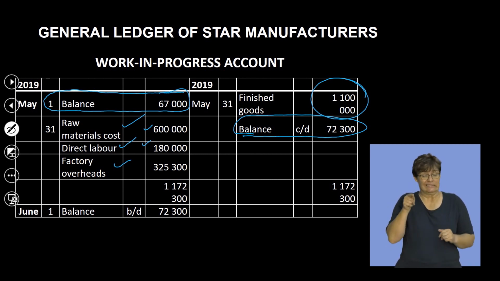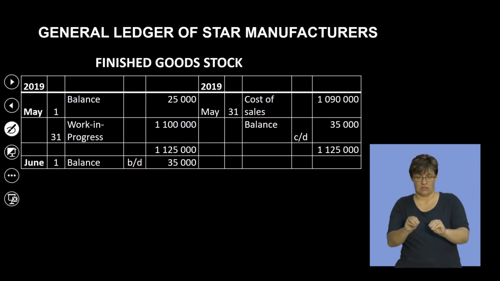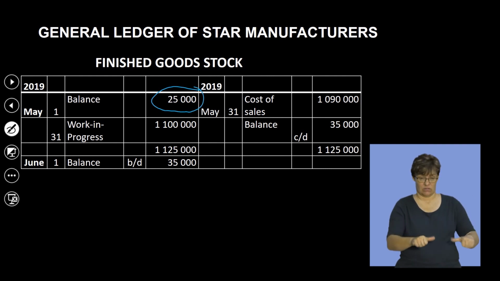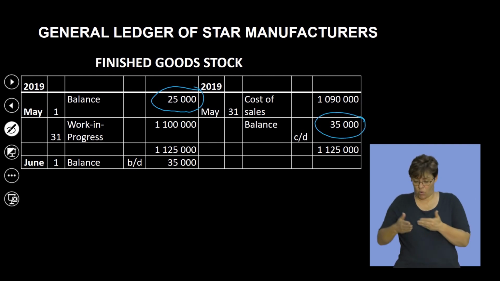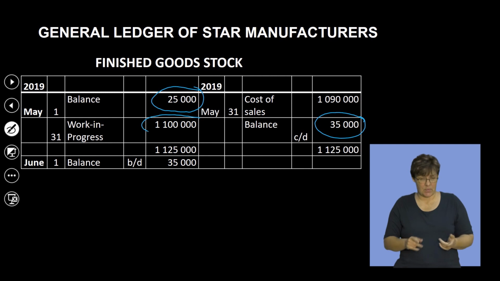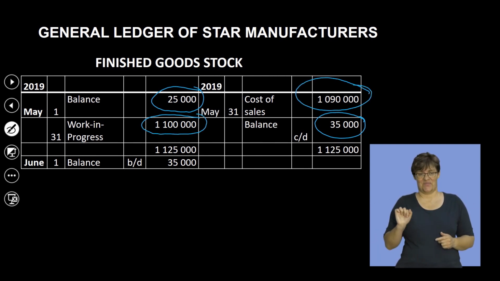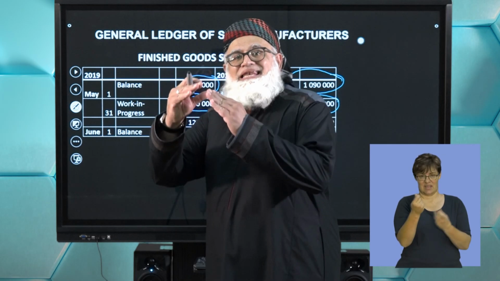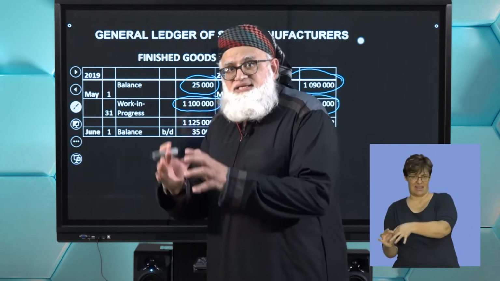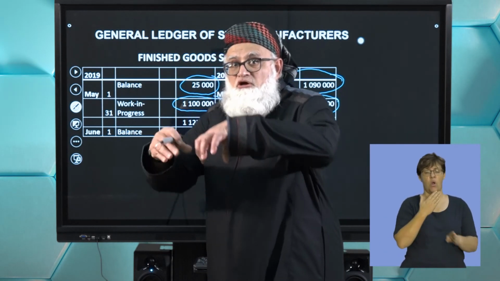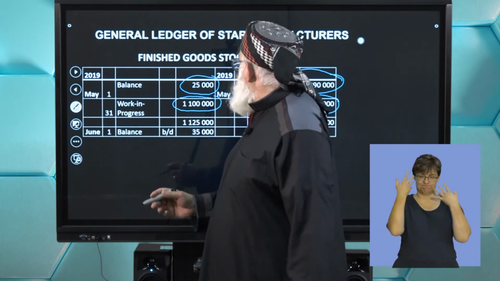That figure is taken into my finished goods stock account. Once again, opening balance is given, closing balance is given, right? I bring in my work in progress, and voila, I have my cost of sales as my missing figure. Look at the link between these accounts, work in process, flowing into the finished goods stock account.